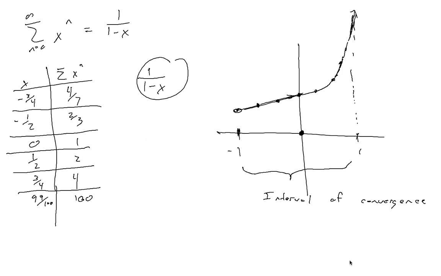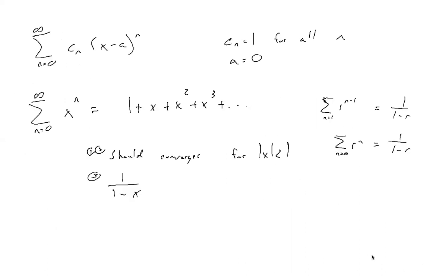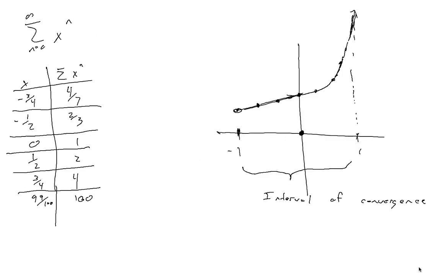If we think about our power series, remember the general form, here it is up in the top left, c_n times (x minus a) to the power n, right? Where we said a was the center, okay?